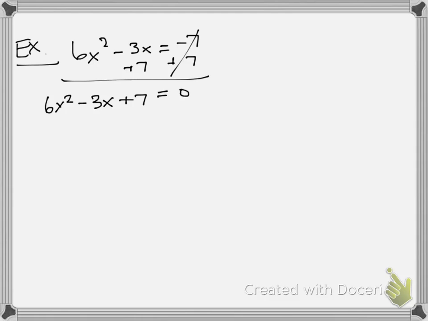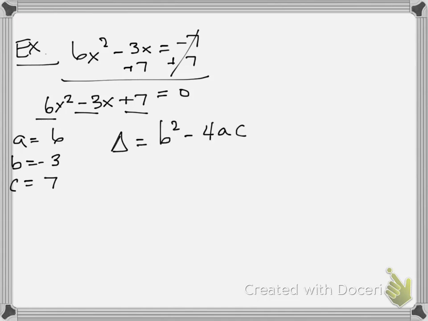Now let's identify our A term. It's 6. Our B term is negative 3. Make sure you keep that sign in the front. And our C term is 7. Now before I write the whole giant quadratic formula, I'm going to just put the discriminant. So the discriminant equals b squared minus 4ac, and then I'm going to work it out.